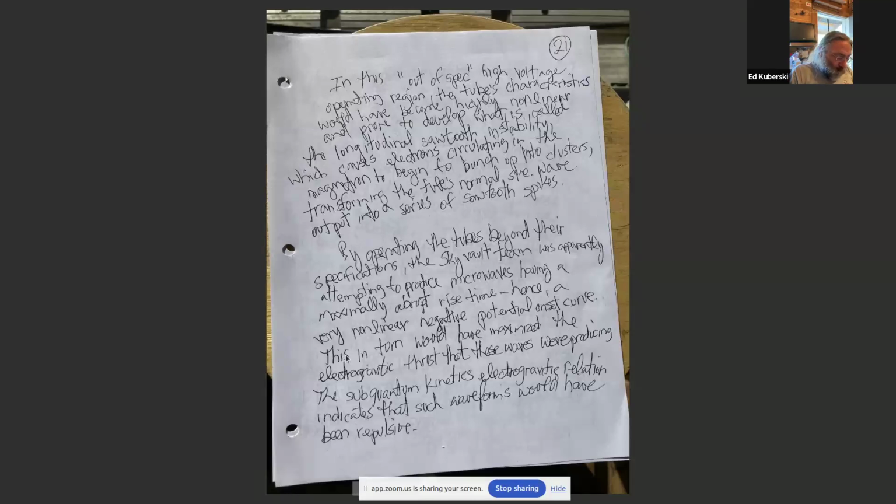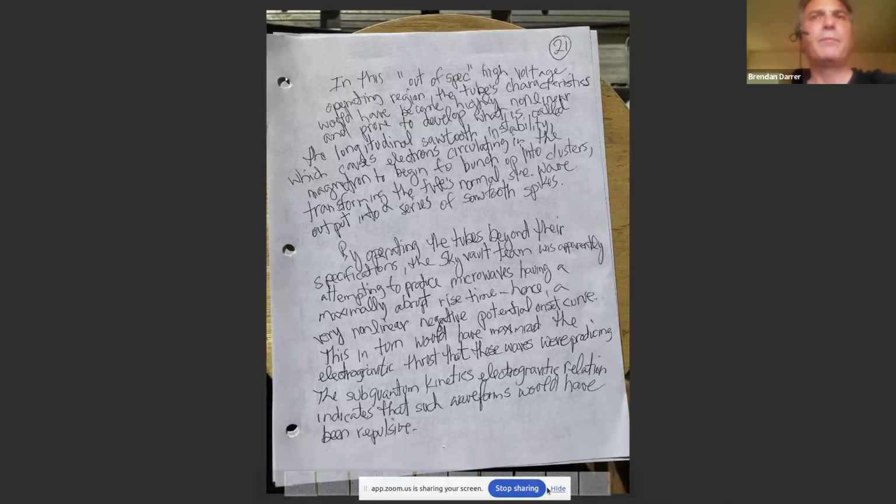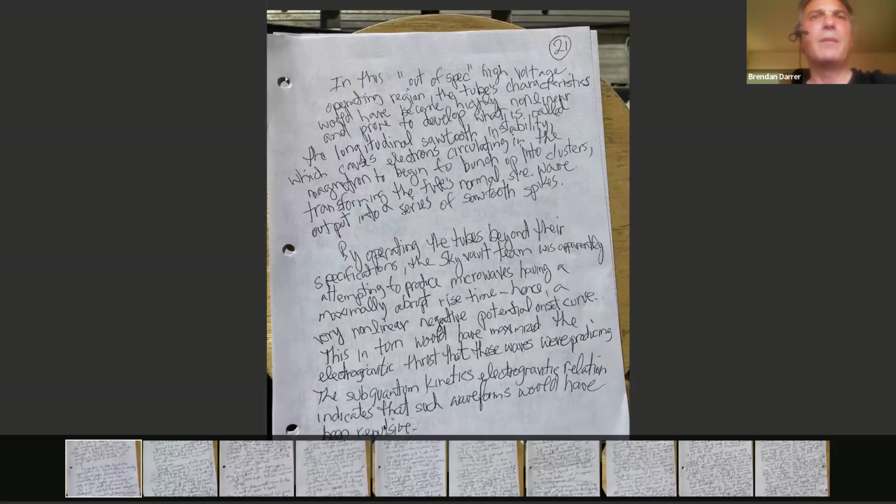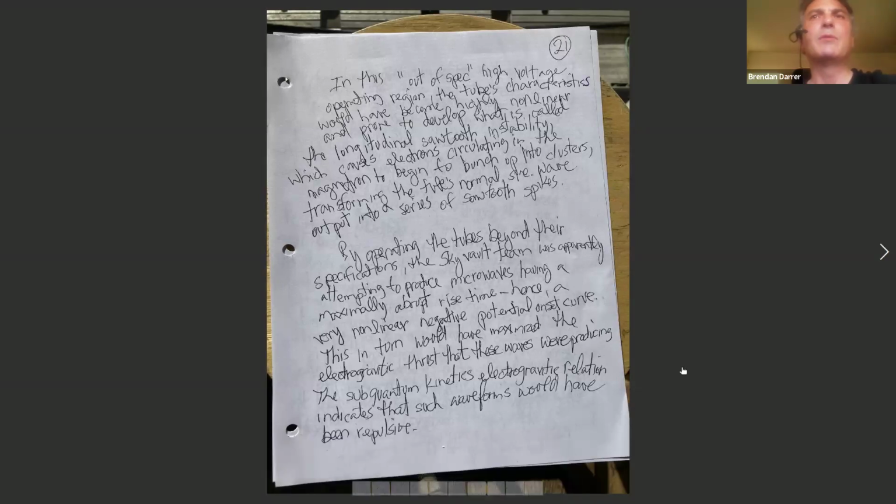This in turn would have maximized the electrogravitic thrust that these waves were producing. The subquantum kinetics electrogravitic relation indicates that such waveforms would have been repulsive.